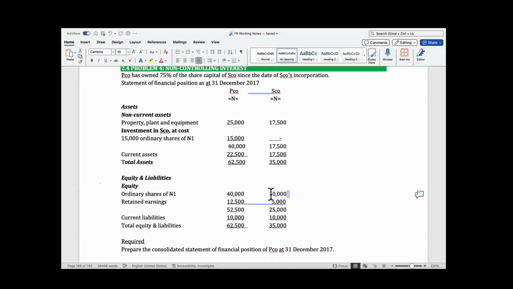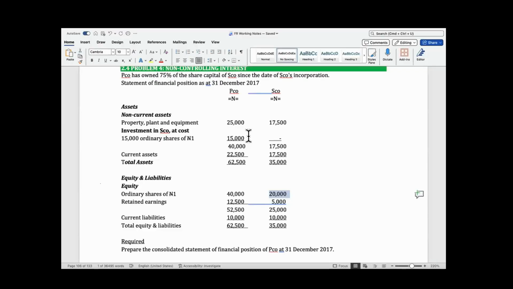After taking out the 75% that the parent acquired, which is a transaction with the subsidiary that needs to be cancelled out, the balance is 25%. So that's a proportionate share of the subsidiary's net asset. We consolidate it, we call it NCI, and it's part of equity, of course.